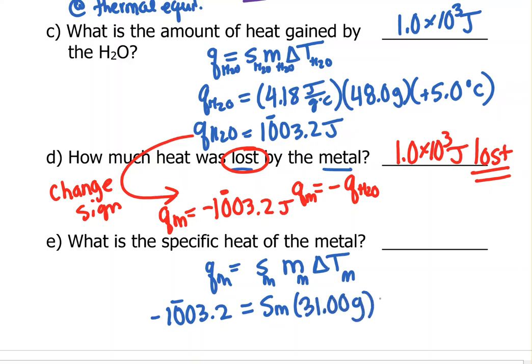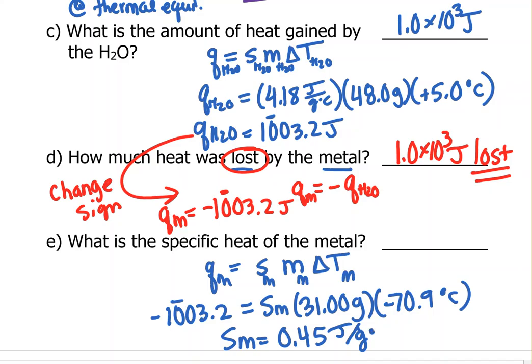That was the mass of the metal that was given. And that is a small specific heat, which is what you expect for a metal. It definitely should never be over that of water.